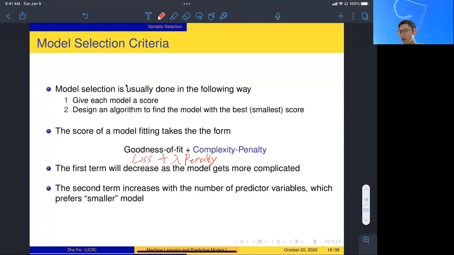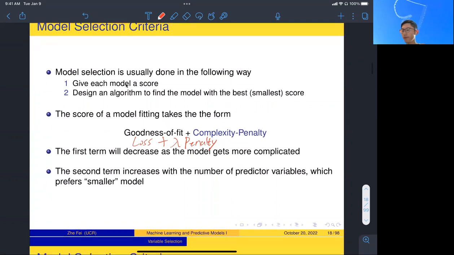The interpretation is that the first term will decrease as the model gets more complicated, and the second term would increase at the same time. So we want to achieve a certain balance in order to find the best model.